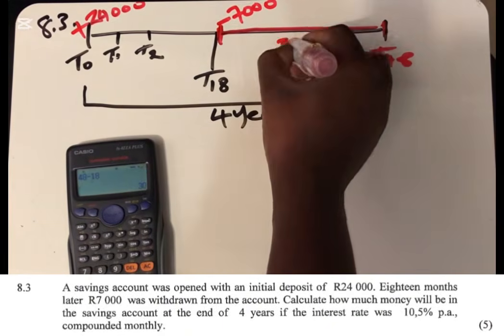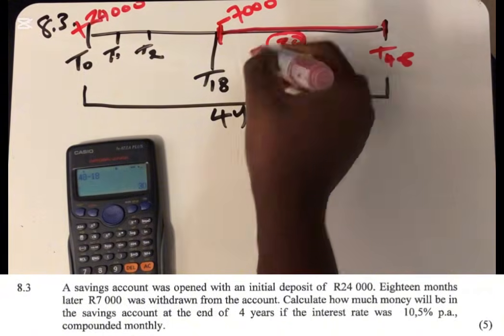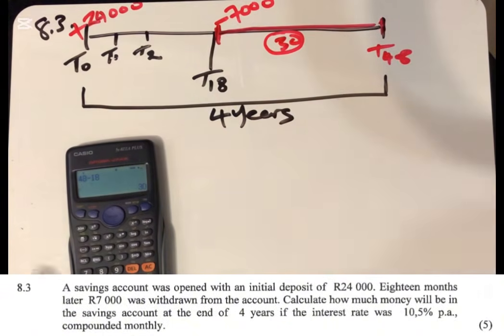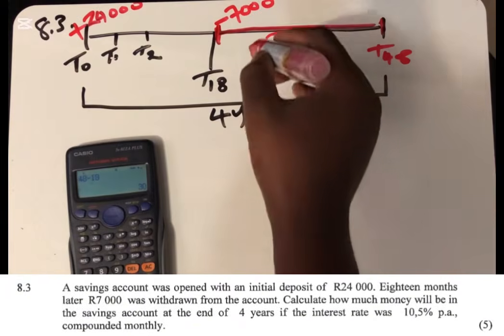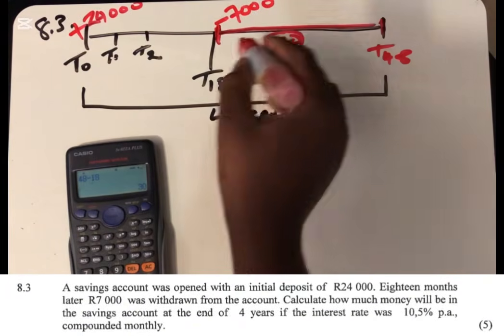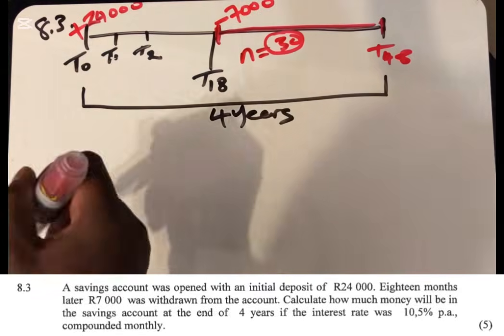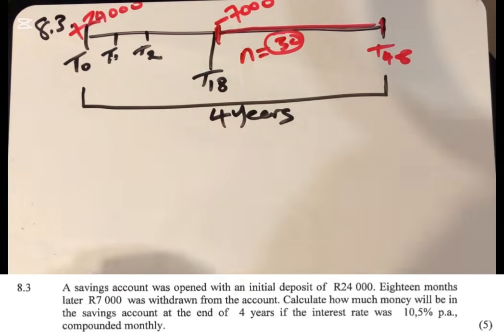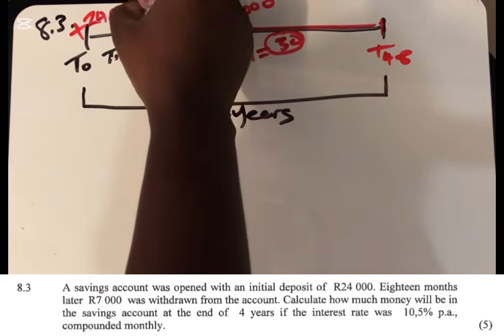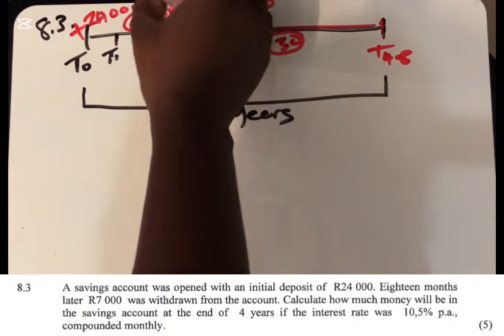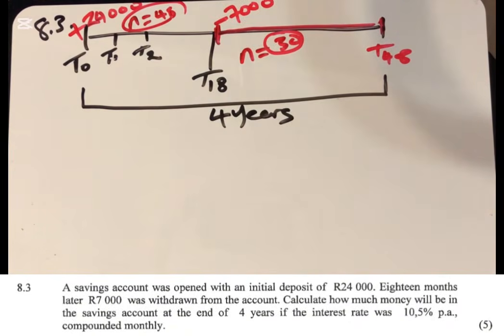So for the 7,000 we have 30 as our N, and for the 24,000 we have 48 as our N, for the entire period of this investment.